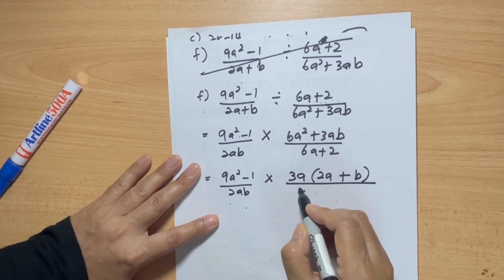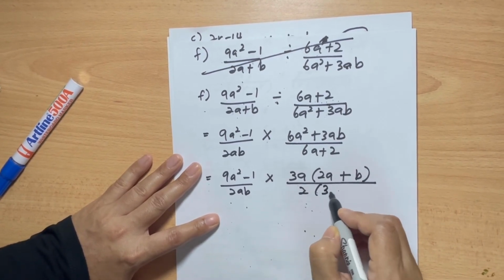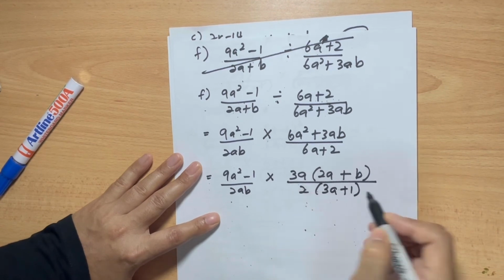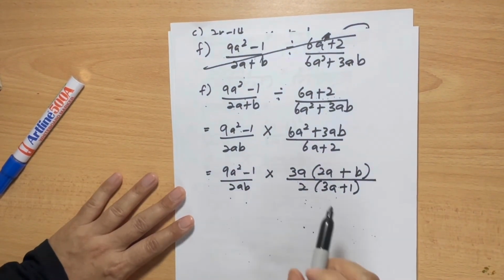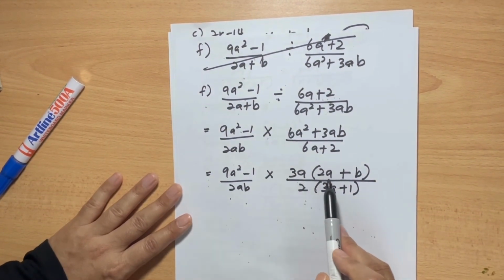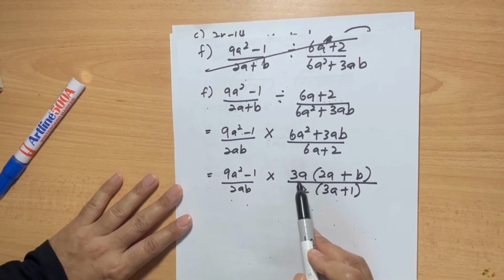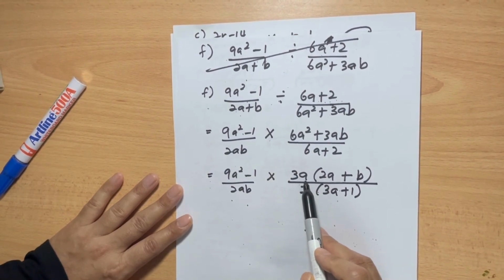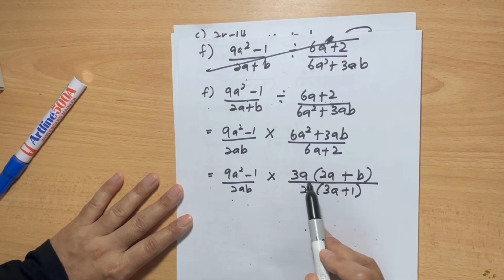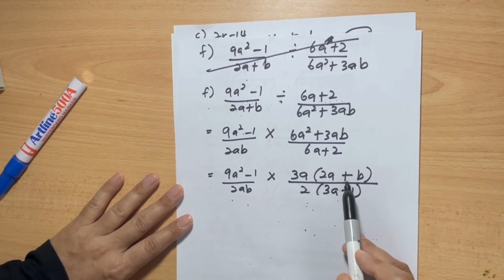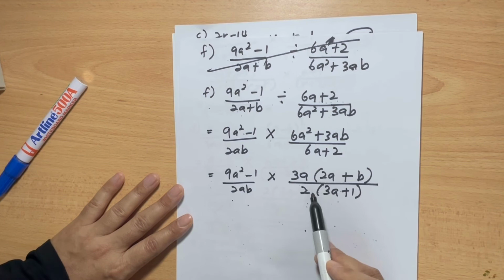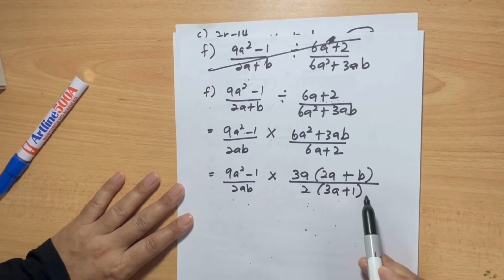So you have 2 here, 3A plus 1. After the factorization, you get 3A times 2A, 6A square plus 3AB, over 2 times 3A plus 1, 6A plus 2.